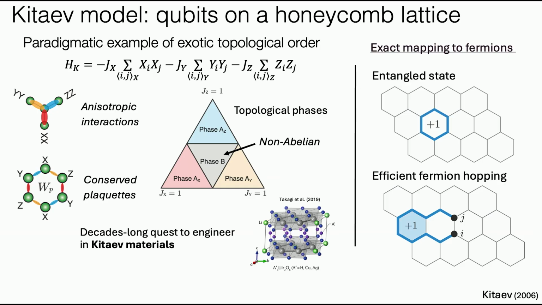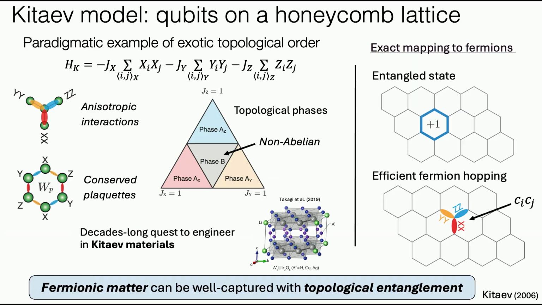Okay, cool. And this is how it looks. So our fermionic hopping now becomes local in our qubit interactions, which makes it much easier to realize in our current quantum devices.